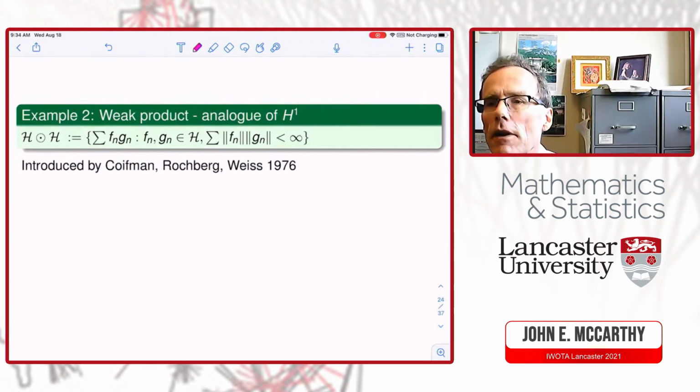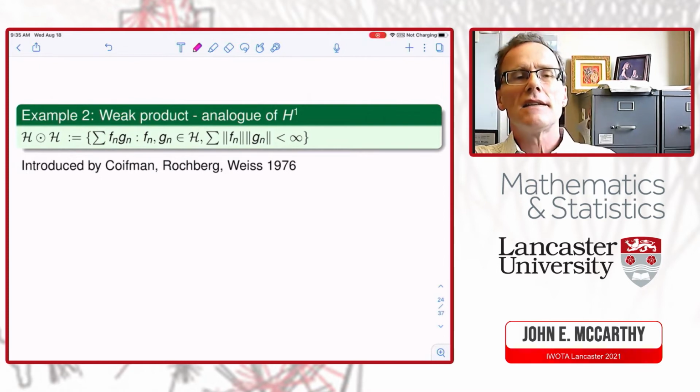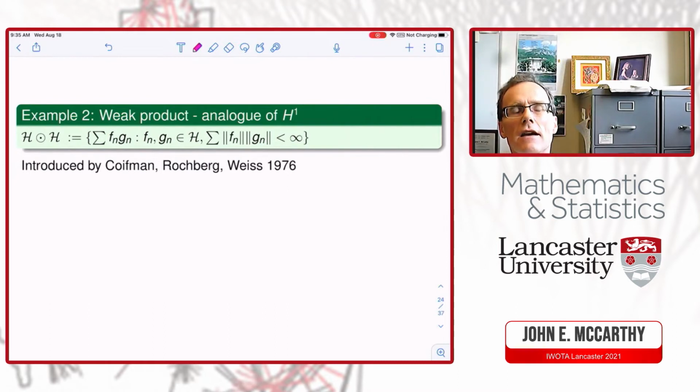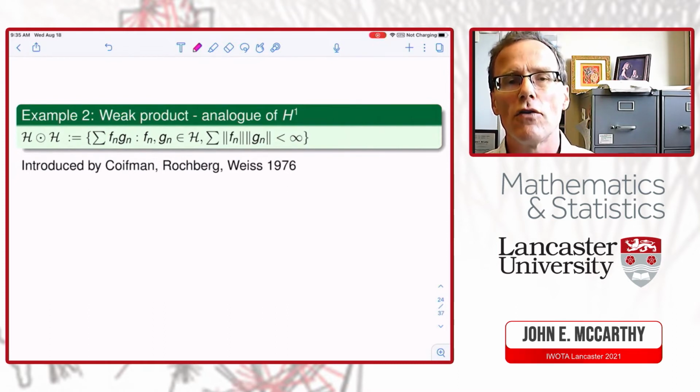A second example is if you take the weak product of a Hilbert space with itself. So this is supposed to be an analog of H1. You can do it for any reproducing kernel Hilbert space H. The weak product of H with itself is: I take all pairwise products f_n g_n, where f_n and g_n are both in the Hilbert space.